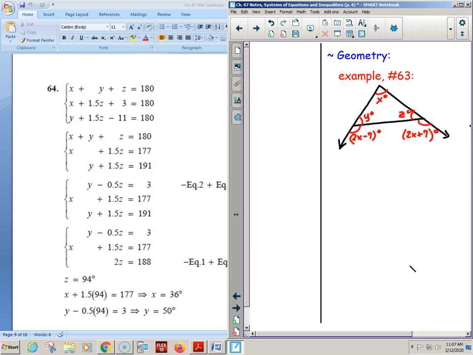I found it easier that way. 180 minus 2x plus 7 minus y, like that? Or no, wait, that's a different one. Oh, over here. Yeah, 180 minus 1.5z minus 100. And then plug it in for one of the other 180s. And then if you simplify, then you got like 1.5z equals 190. Yeah, and I just got 3 of them.